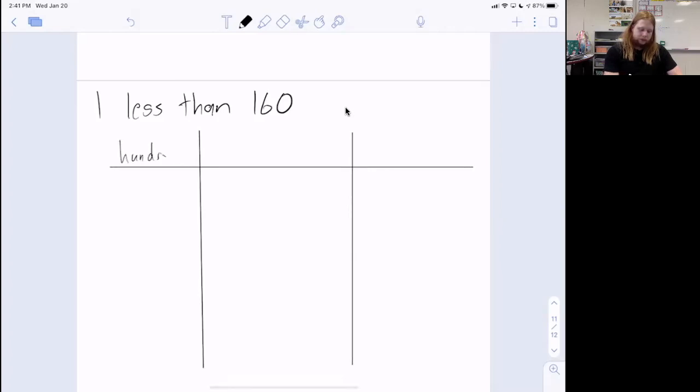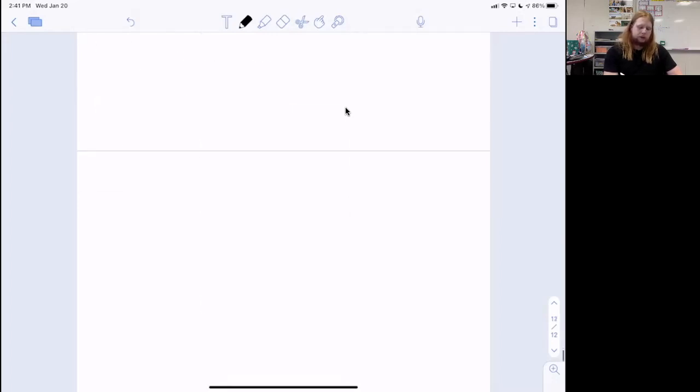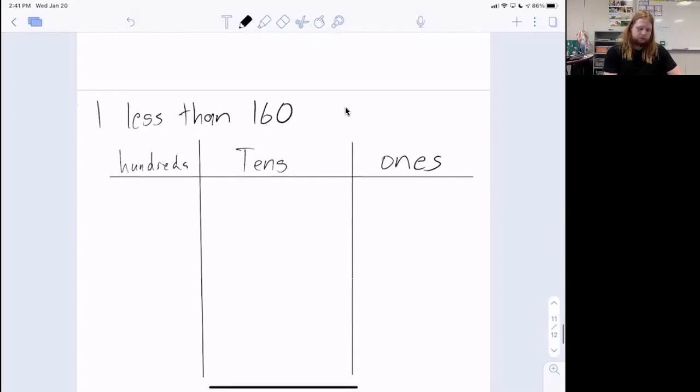So we have our 100s, our tens, and our ones. So in 160, how many hundreds do we have? We have 1.